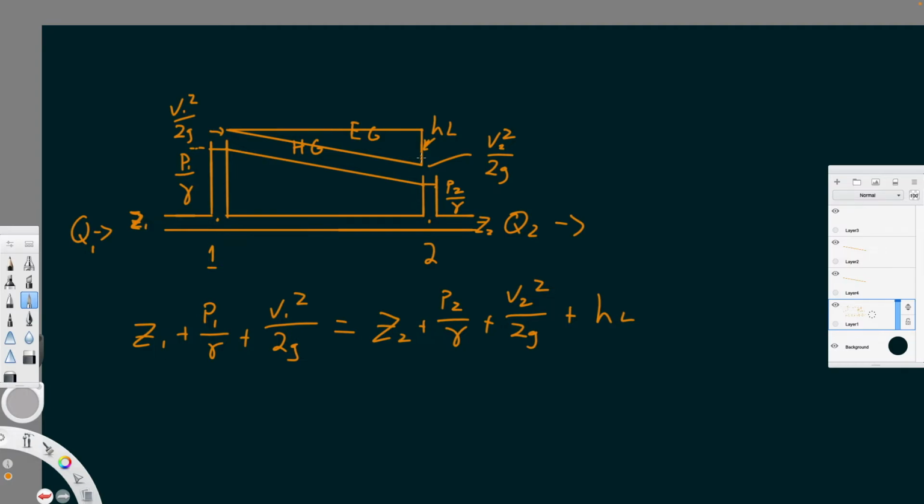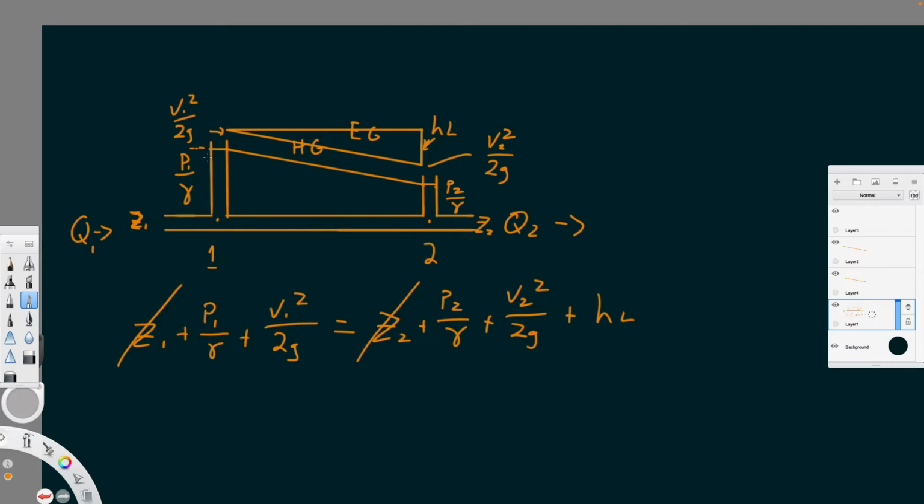So in other words, if we look at this, we have to start understanding what we kind of intuitively know. For example, it should hopefully be obvious that in a horizontal pipe, the elevation doesn't matter, right? The elevation at point 1 is going to be equal to the elevation at point 2, right? So we can cross these off. They're going to cancel each other out.